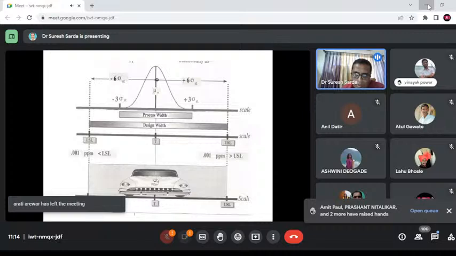Means out of 10 lakh opportunities given to you to destroy your product, how many opportunities are you consuming? Naturally, the fewer the opportunities, the better your product. So DPMO, that is defects per million opportunities.